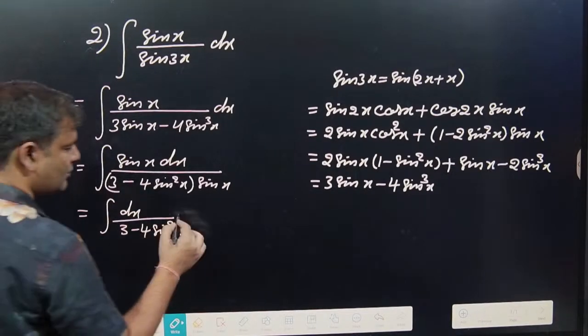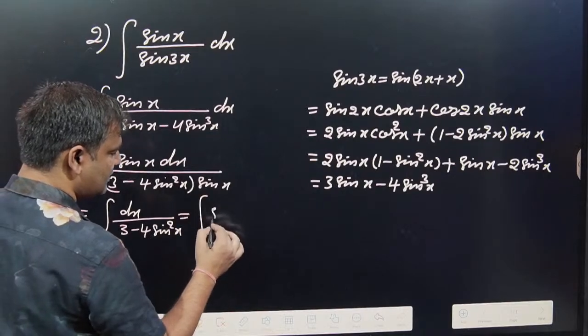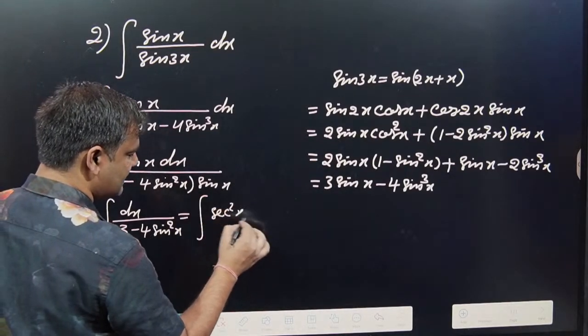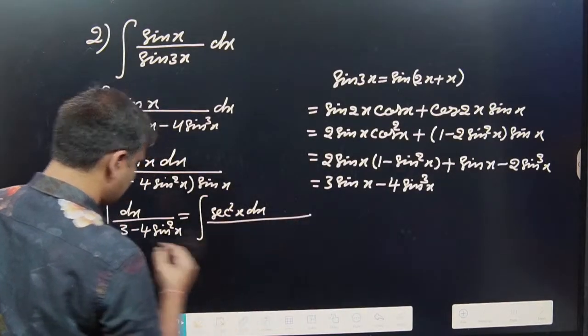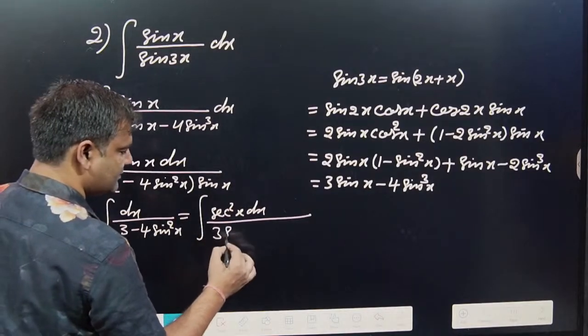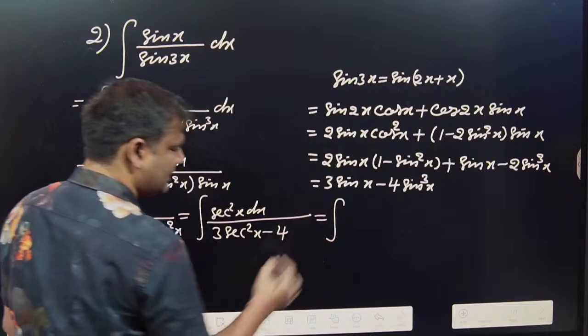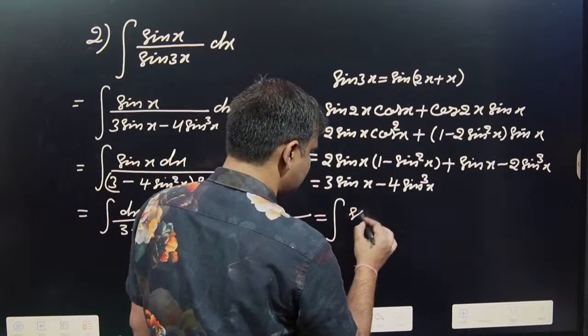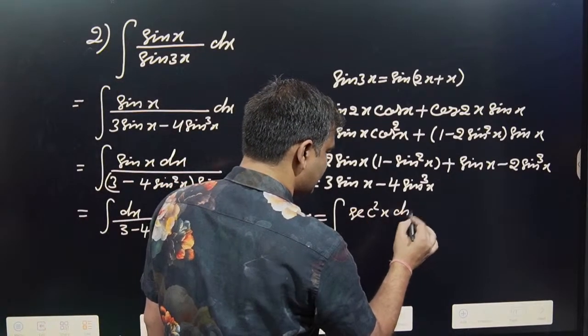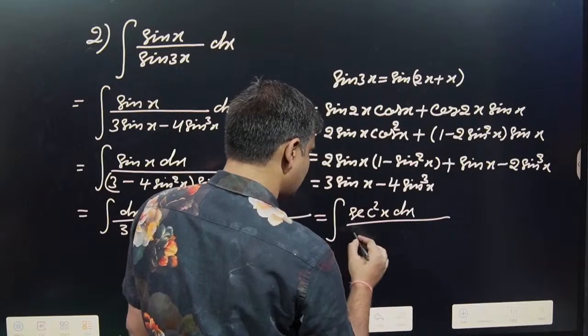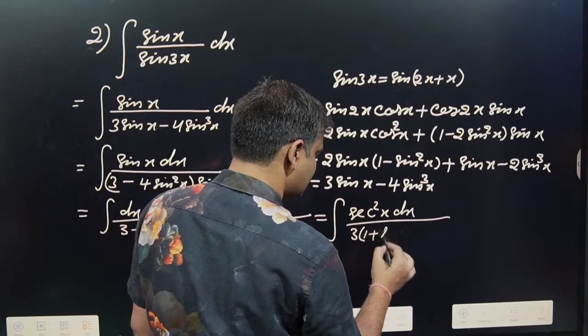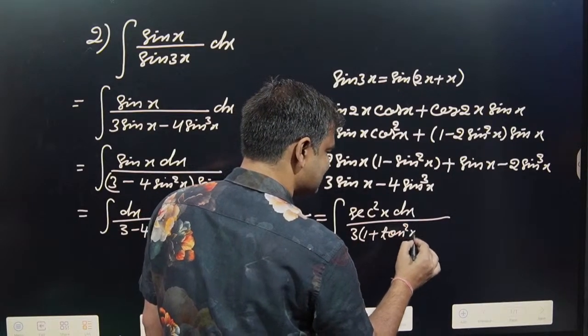If divided by cos square, then we got sec square x dx divided by 3 sec square x minus 4. After that, this one is sec square x dx divided by 3 into 1 plus tan square x minus 4.